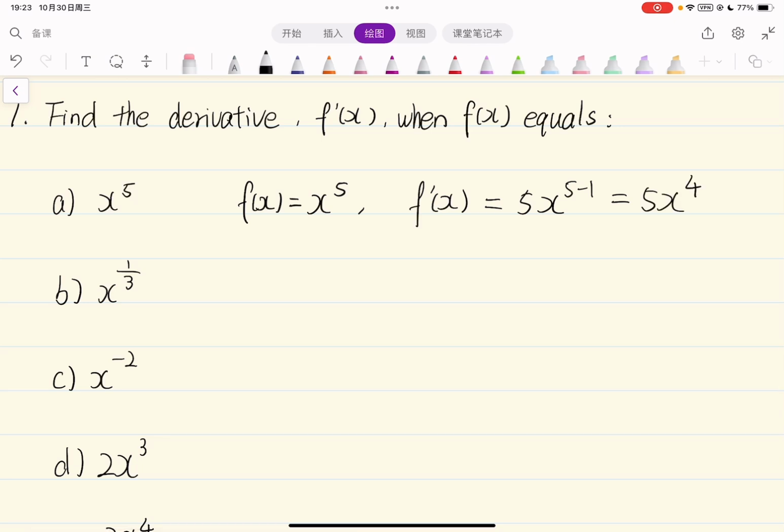For part B, we have f(x) equals x to the power of one third. So the derivative of that equals one third times x to the power of one third minus 1, which equals one third times x to the power of minus 2 over 3.